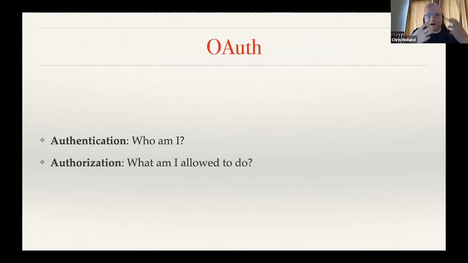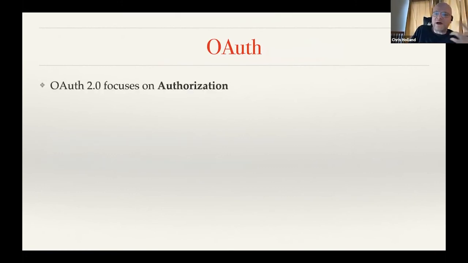These are authorization considerations. So when the OAuth standard first came out, and evolved into OAuth 2.0, it really focused on authorization. It really focused on what people were allowed to do. And it did not have any specific provisions as to what to do with authentication.